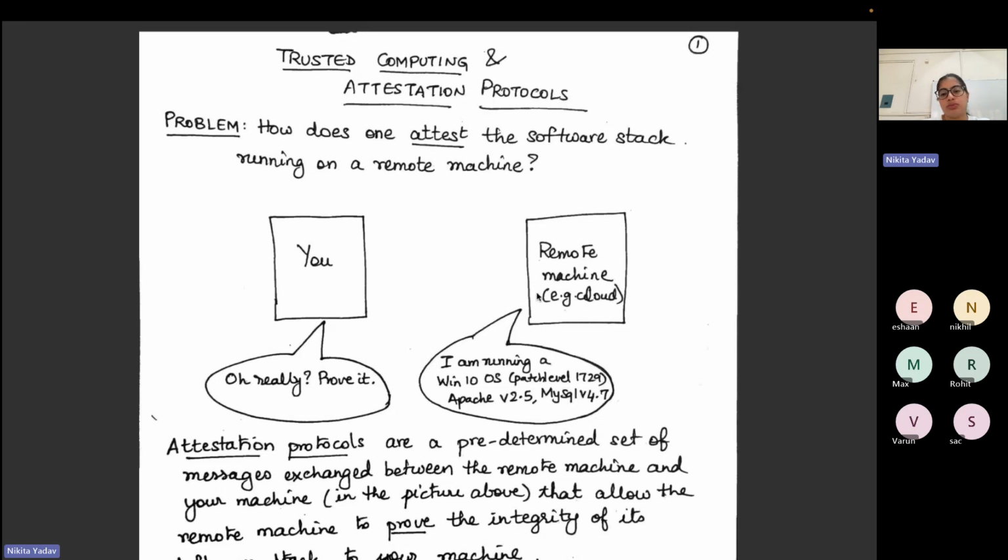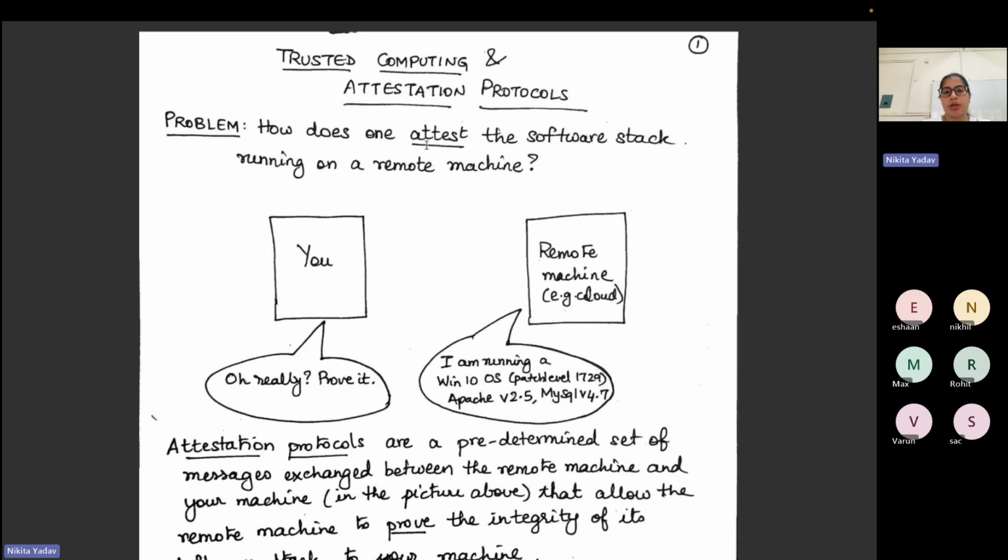It needs to tell you two pieces of information basically. One is what software stack is running on that remote machine, and along with this information it will also provide you a proof of that information, which you can then use to verify that indeed that same software stack is actually running on the cloud provider machine.